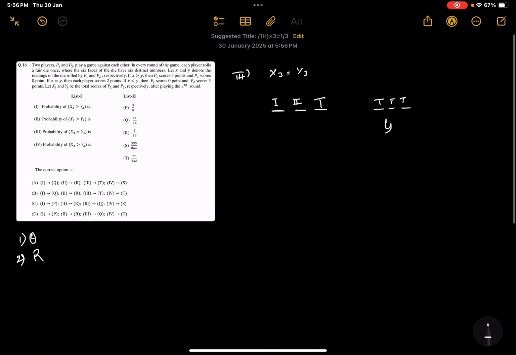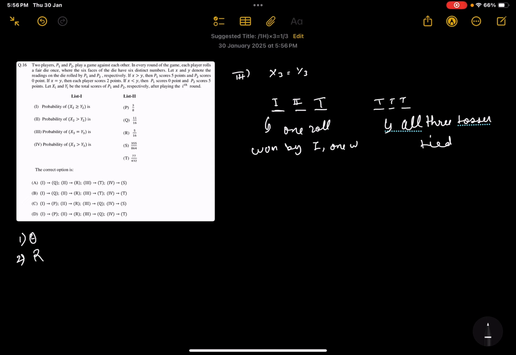Rather, subcase 1 is all three rolls tied. Subcase 2 is one roll won by P1, one won by P2, and one tie. So the probability of all three ties is 1 by 6 cubed.